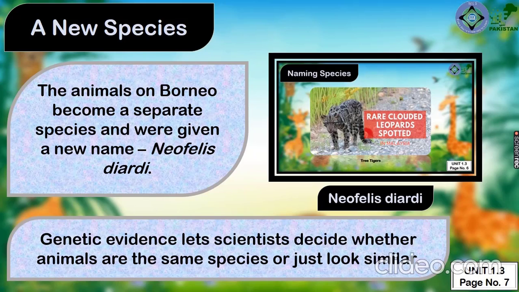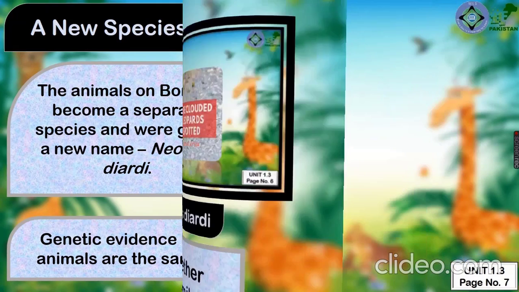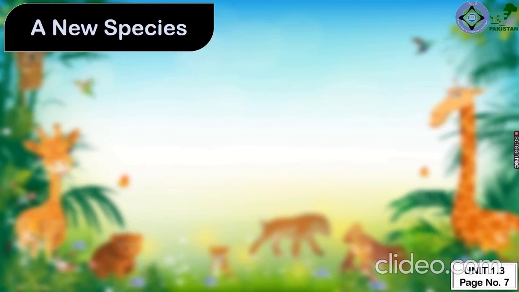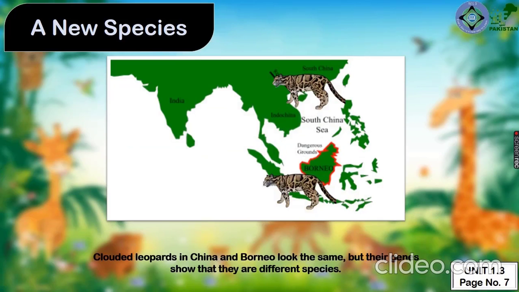Genetic evidence lets scientists decide whether animals are the same species or just look similar. It's written here at the right corner of your book. Clouded leopards in China and Borneo look the same, but their genes show that they are different species.